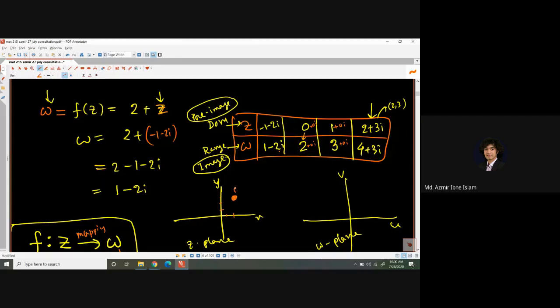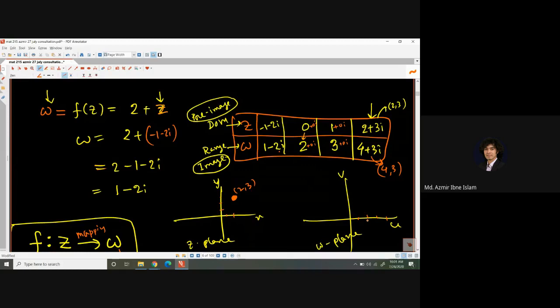So the 2, 3 point is the input, but for this input we can't locate the output in 4 dimensions. So that's why we are taking the help of this way. The 2, 3 point has the output 4 plus 3i, that is also written as the point 4, 3. So 1, 2, 3, 4, the u axis is acting as the x axis, and y and v are also the same.